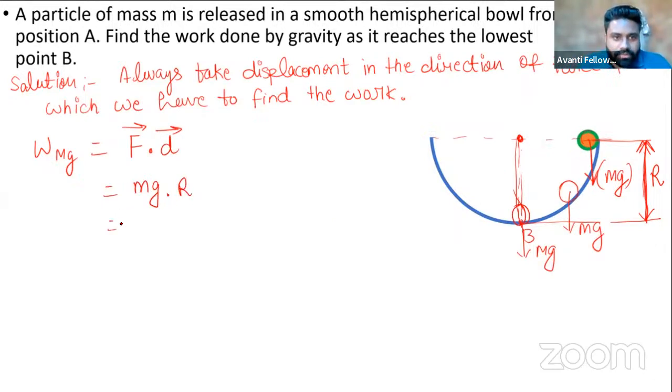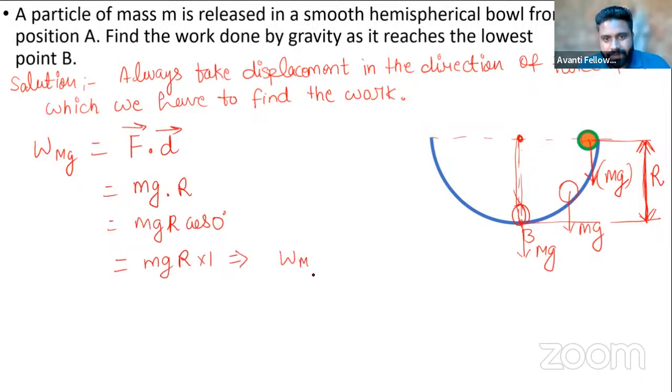If you open this dot product, it is mgr cos theta, where theta is the angle between the force and the displacement. Displacement is downward because the ball is moving downward, and gravity is also acting downward, so the angle between them is 0. Cos 0 is 1. So the work done by the mg force is mgr.